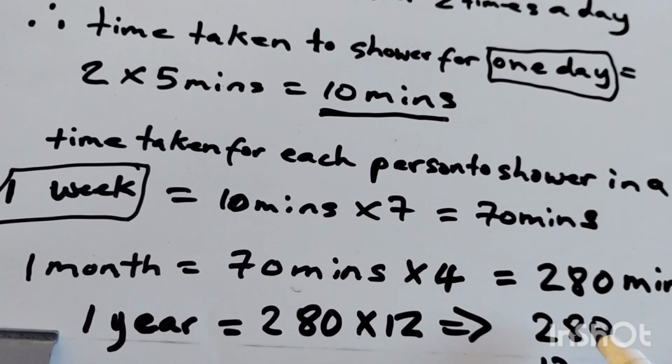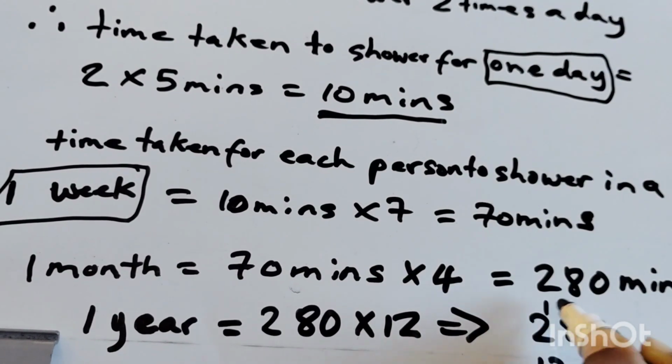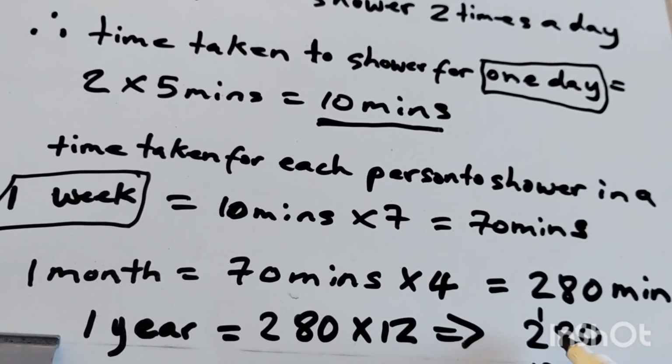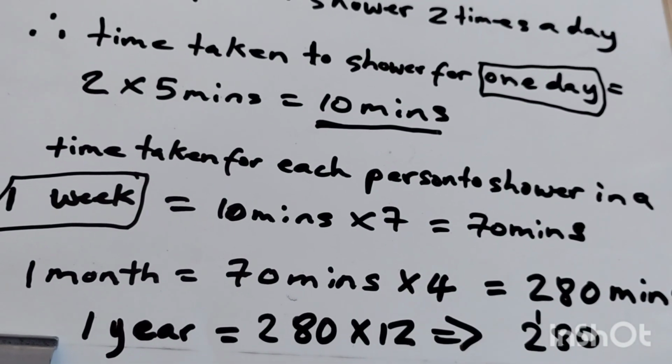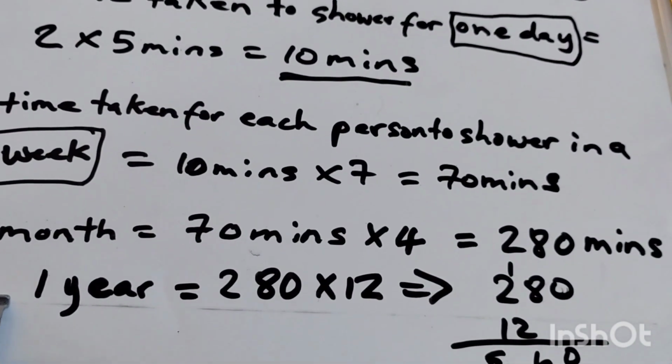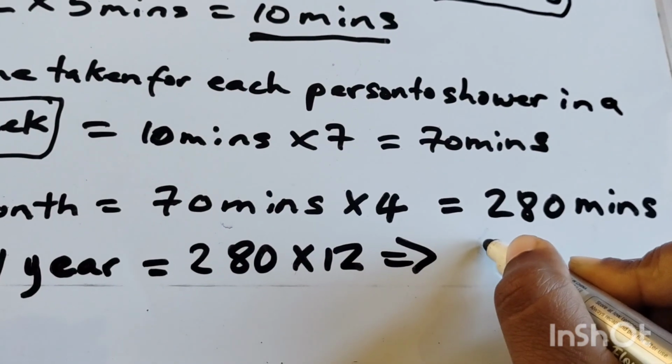So if we find out how much it takes them to shower within a month, can we find out how long it takes them to shower within a year? Of course we can. How many months are there in a year? Right. There are 12 months within a year.